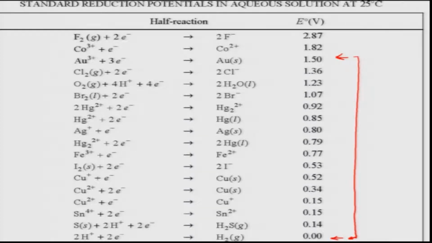Similarly, if I compare gold and silver, the standard reduction potential of gold is 1.50 and that of silver is 0.80. So, that means gold is highly noble as compared to silver.